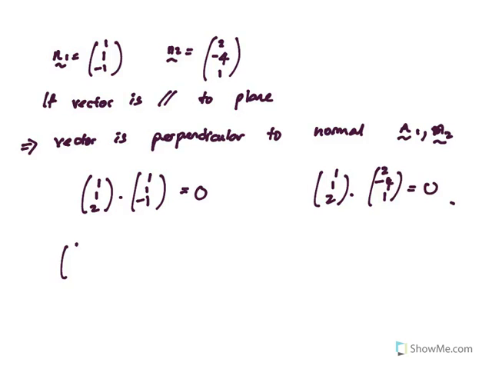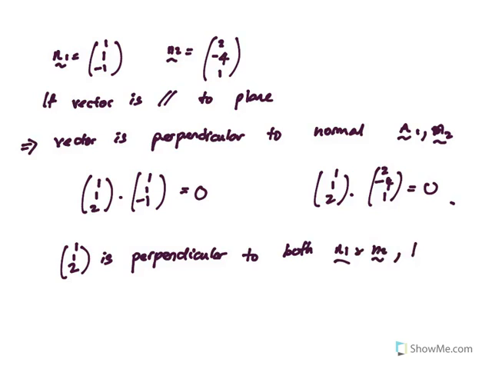So therefore we can say that 1, 1, 2 is, don't write the sign, make sure you write the full word out, perpendicular to both n1 and n2, therefore parallel to both planes. Okay? So must get used to it. Okay, this is a PQ.